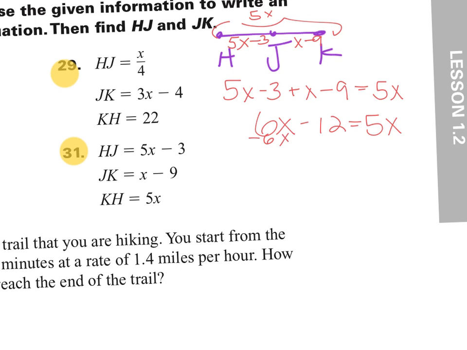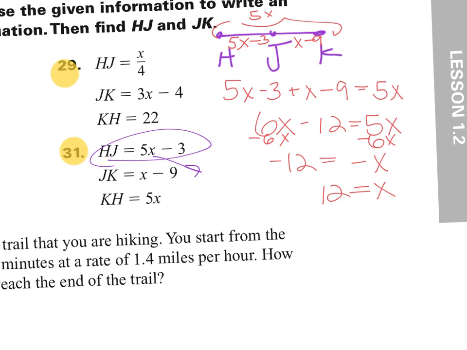Subtract that 6x. Negative x equals negative 12, and x equals 12. And then it says to find HJ, so 5 times 12 minus 3, 60 minus 3 is 57. And then find JK, 12 minus 9, which is 3.